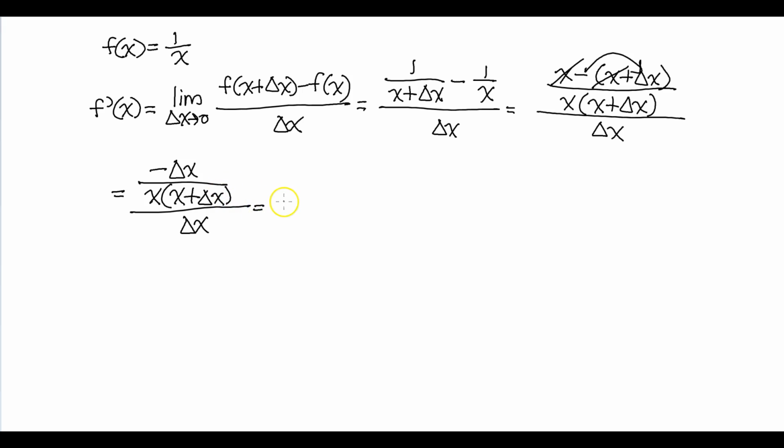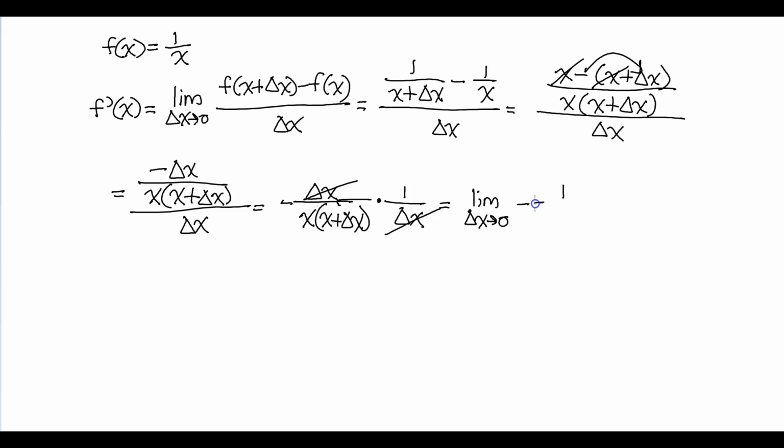Or another way of writing it is negative delta x over x times x plus delta x, times 1 over delta x. And I wrote it this way because now I can easily see it cancel, cancel. And now we have the limit. Remember, we still have to put the limit statement. I've just been omitting it for convenience.